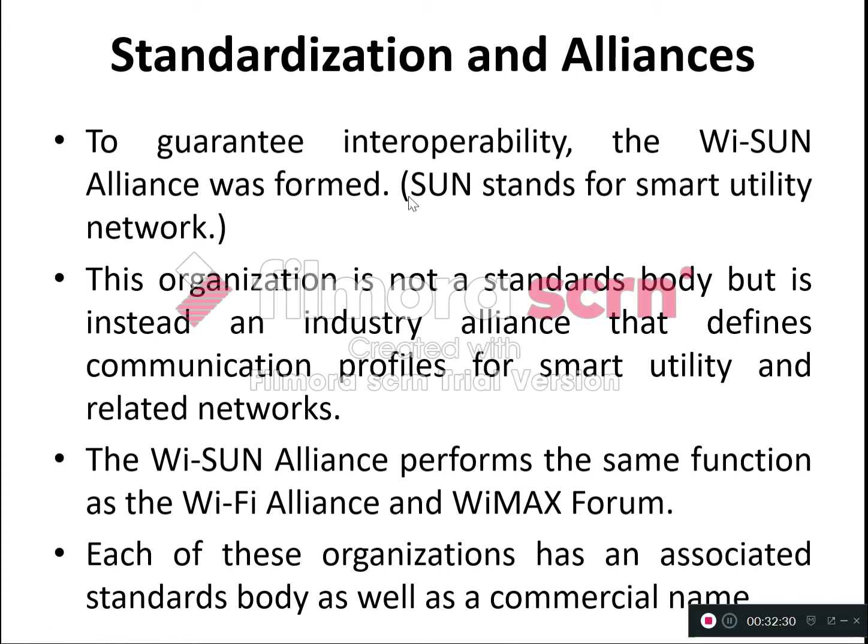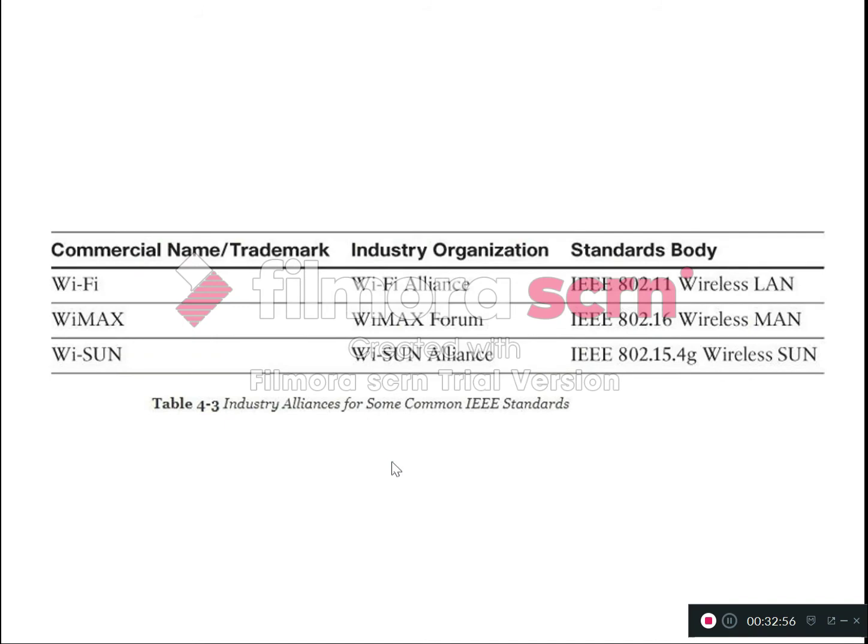This organization is not a standards body but is instead an industry alliance that defines communication profiles for smart utility and related networks. The Wi-SUN Alliance performs the same function as the Wi-Fi Alliance and WiMAX Forum. Each of these organizations has an associated standards body as well as the commercial name. Let us see in this table the commercial names, industry organizations and the standards bodies.